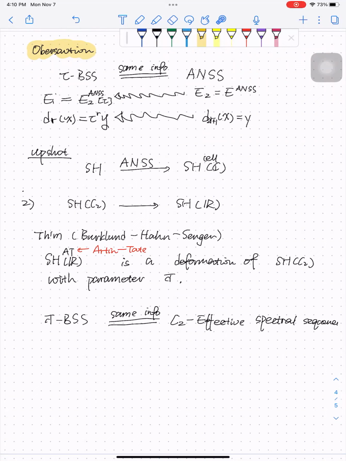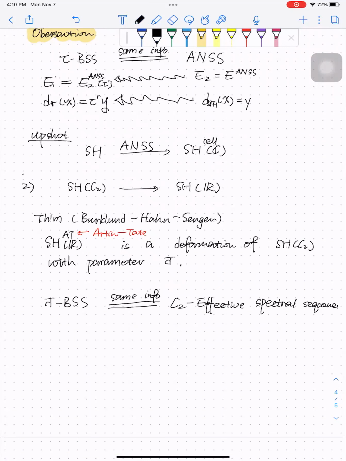And so in this case, we have an analogous statement. The abstract point is that if you start from the C2-equivariant category, then we can use the C2-effective spectral sequence to understand the Artin-Tate R-motivic category.